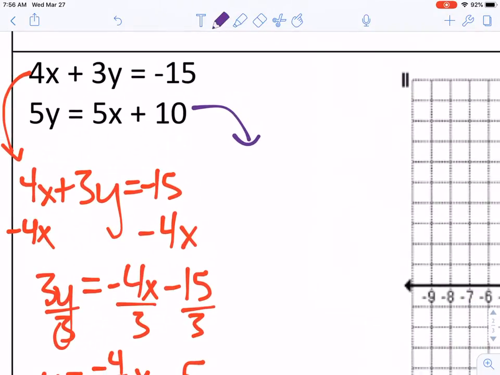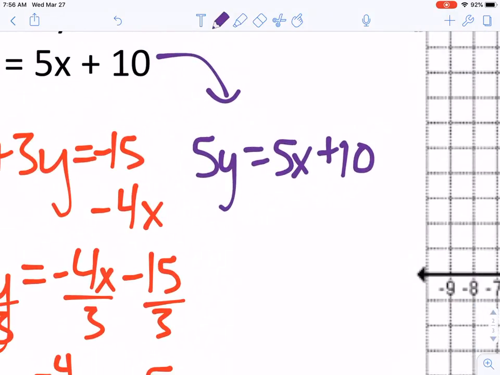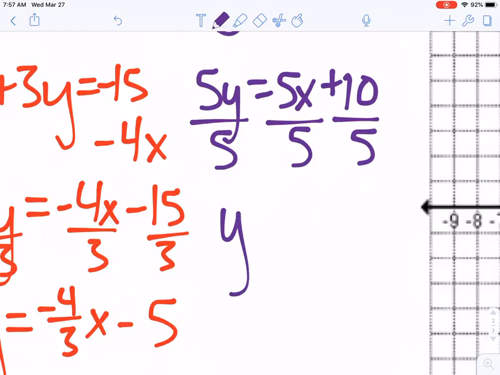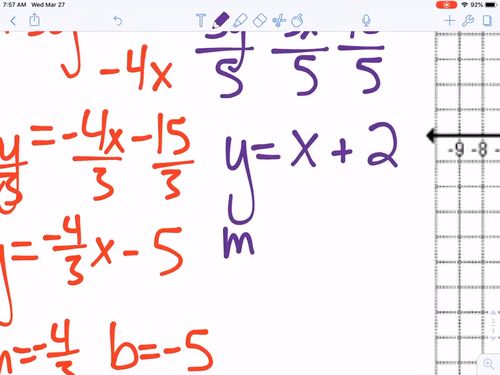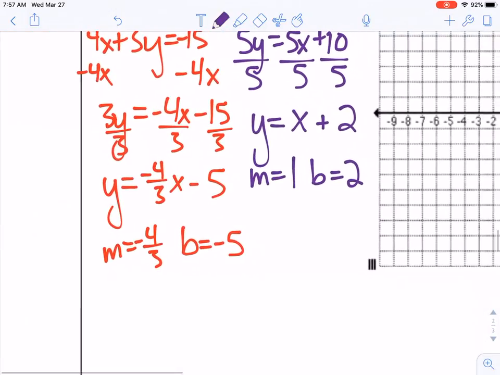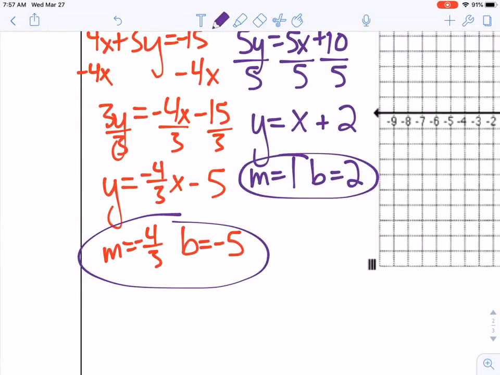So we've got 5y equals 5x plus 10. This one's a little quicker. We already have the 5y by itself, but we just want y by itself, so we have to divide by 5. Get y equals x plus 2. So here we have a slope of 1, a y-intercept of 2, and if I just focus on my slopes and y-intercepts, I don't have to graph.